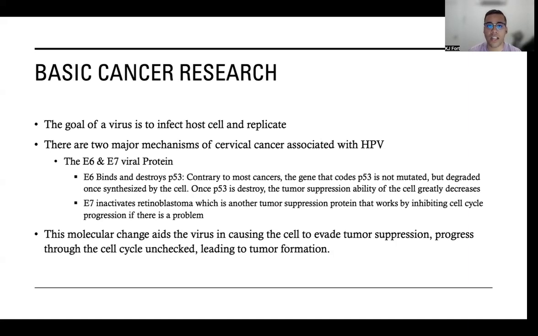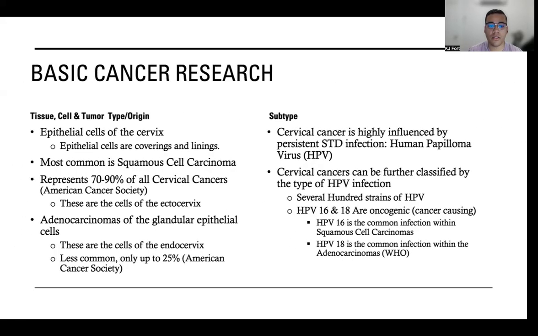But in our cancer, these proteins are degraded after they're translated. So the protein is made, but the E6 viral protein binds to it and degrades P53. So then once cervical tissue replicates, you can't stop it. E7 does the same thing, but it acts on the retinoblastoma protein. So you can't hit the brakes once these start to divide.